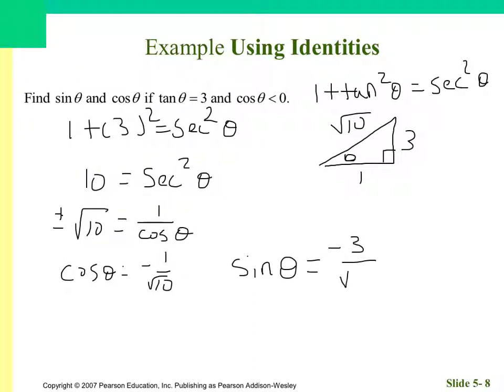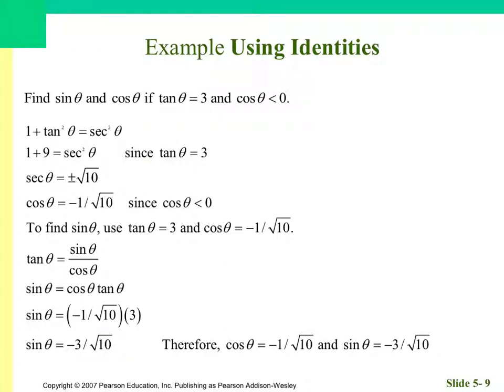So it would be -3 over the square root of 10. There we go. So we actually didn't need that identity. We could have set up the triangle like we learned last time. Okay?